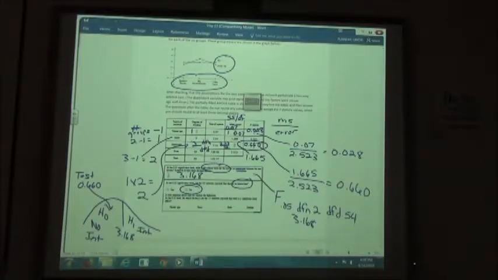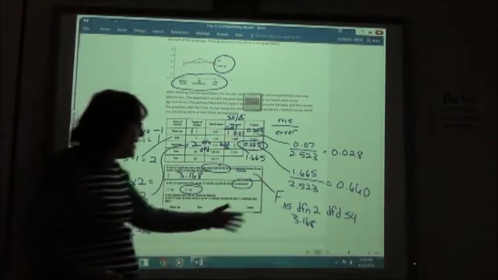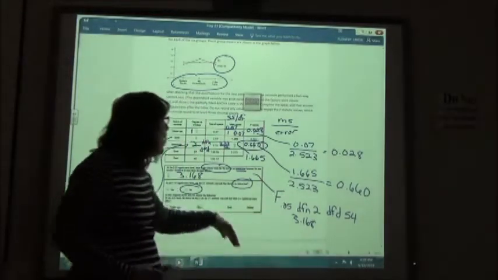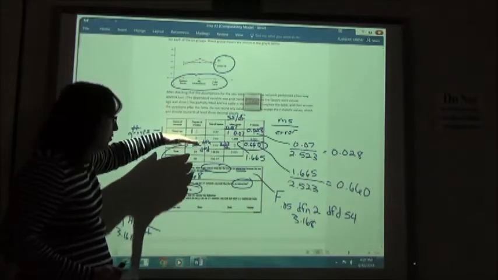Since we answered no, if your response is no, answer the following. At a 0.05 level of significance, for which factors can the TV network conclude there is a significant test? So what we're going to have to do now is find our F statistic or critical value for each of these two factors.